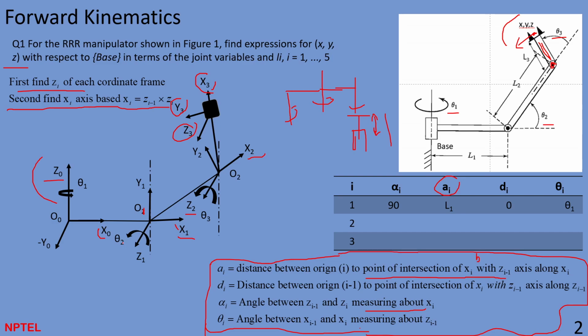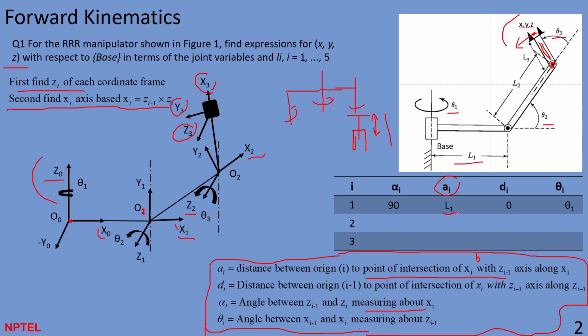Where is xi? This is our xi, which is x1, and z(i-1), which is z0. When you intersect these lines, you will get the intersection at this point. This is O1 and this is O0. This is the intersection point, and you will get something like L1.